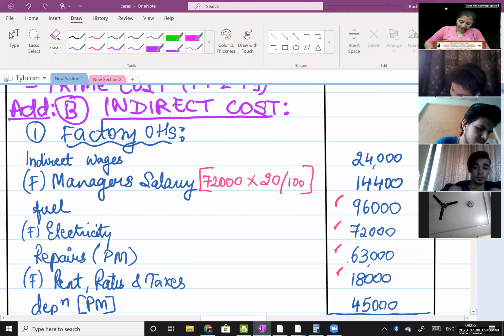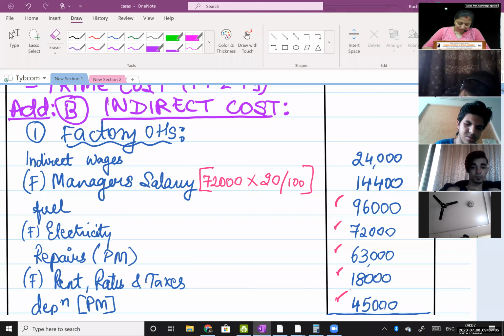Factory rent, rates and taxes 18,000. Then depreciation on plant and machinery 45,000. So 1, 2, 3, 4, 5, 6, 7 items under factory overheads.